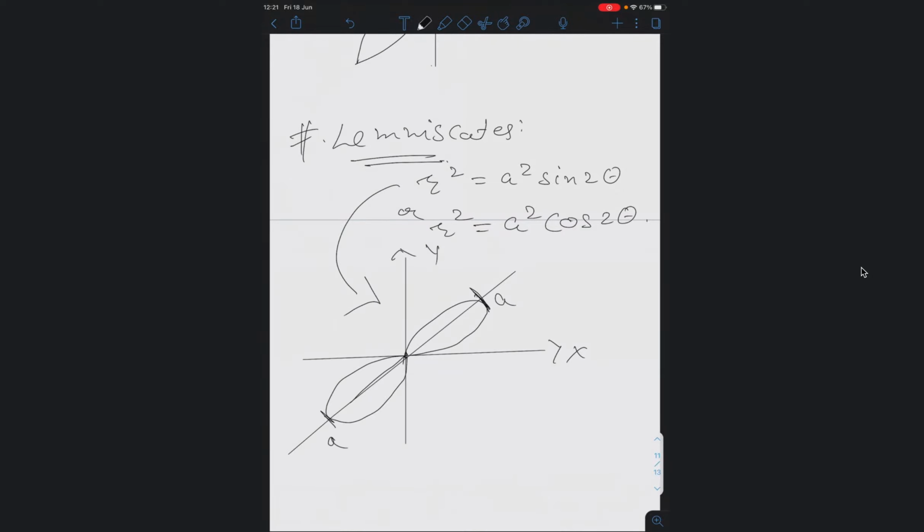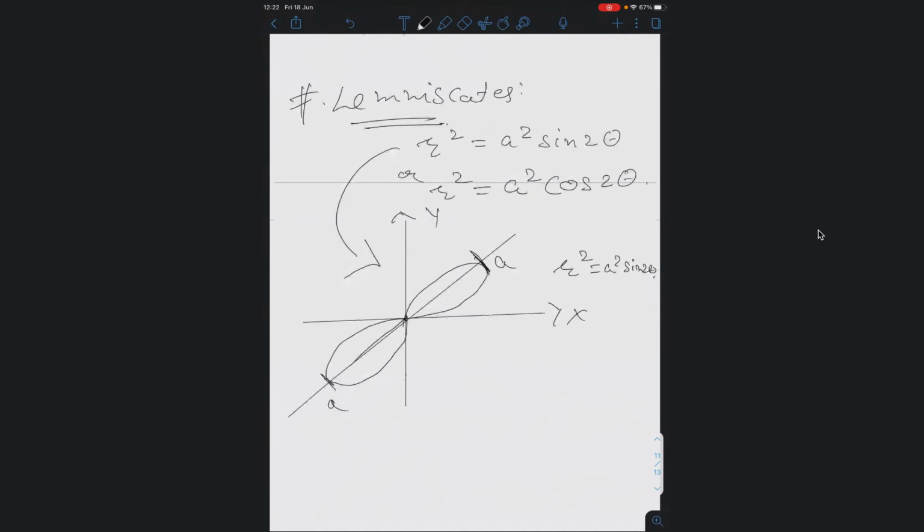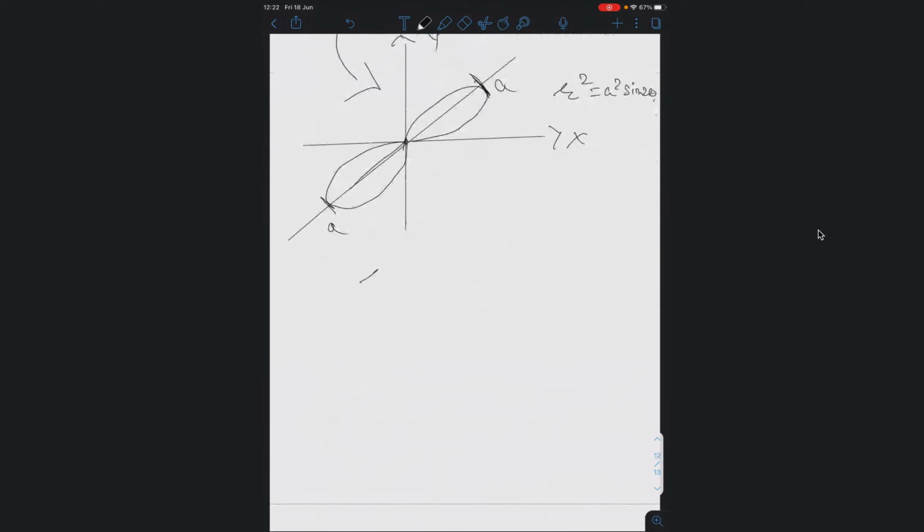This is for r square is equal to a square sine 2 theta. It will fall on the line y is equal to x, or you can say theta is equal to pi by 4. And for r square is equal to a square cos 2 theta, x axis, y axis, it will be something like this.